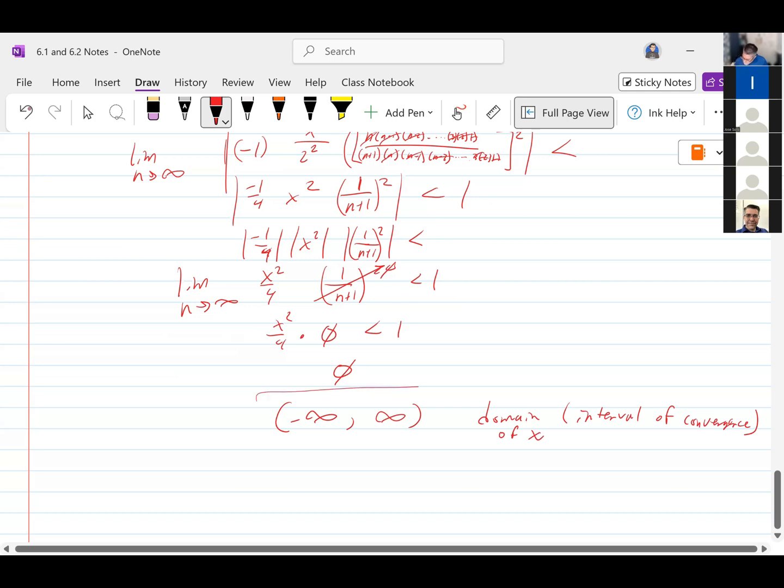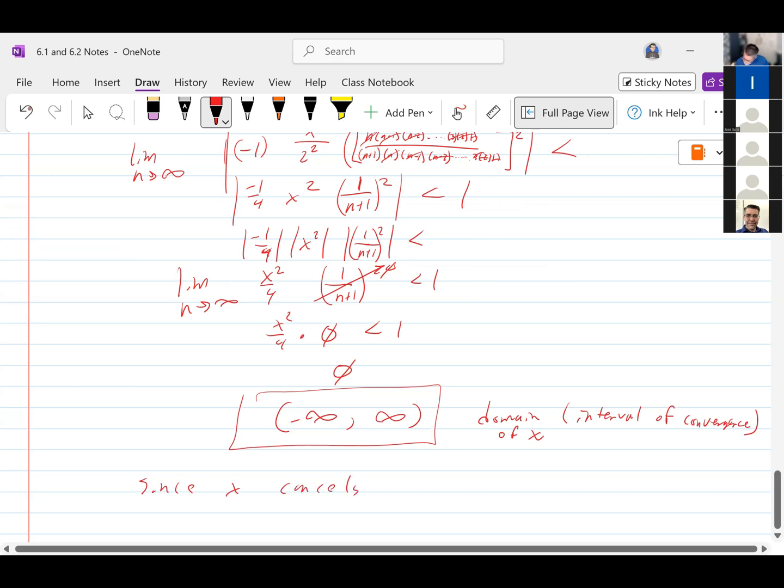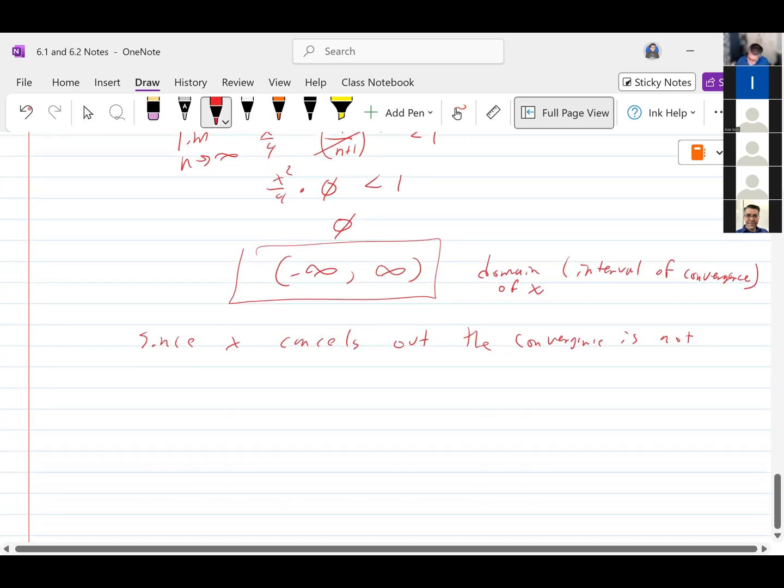Okay, so negative infinity to infinity. Since x cancels out, the convergence is not dependent upon the values of x.